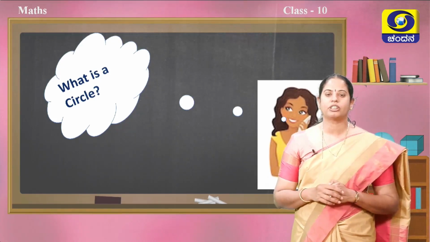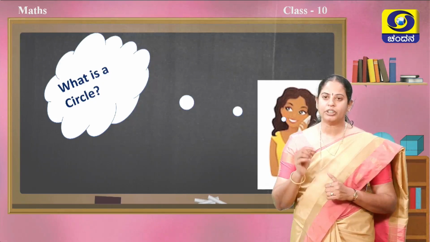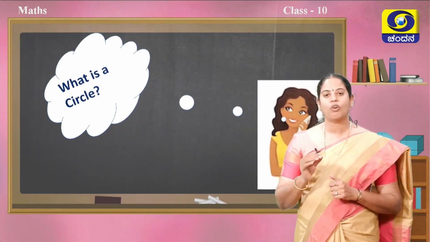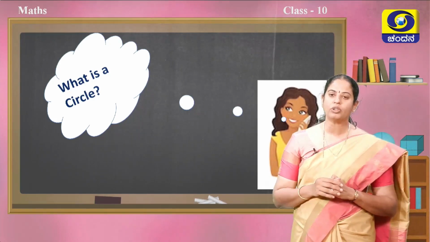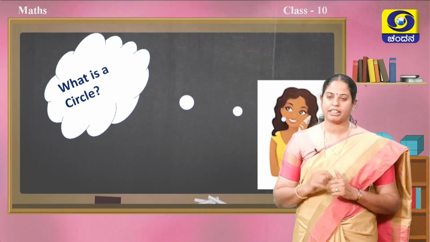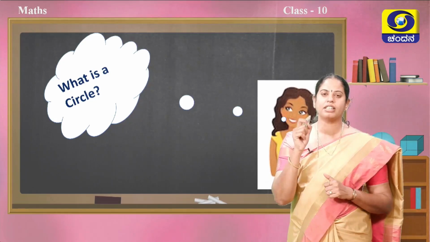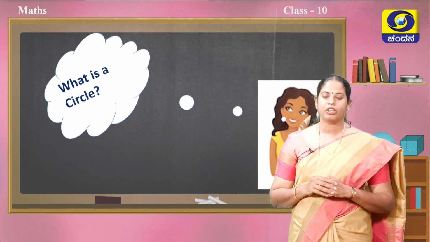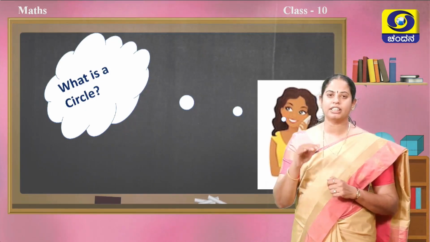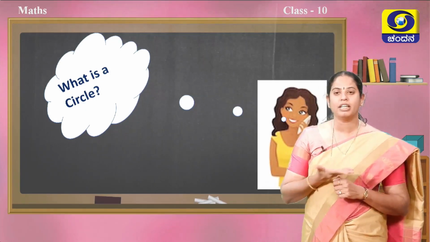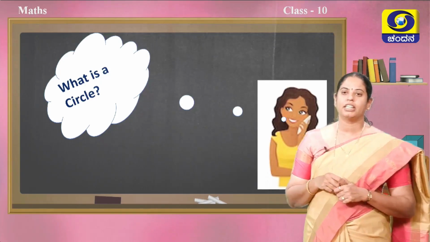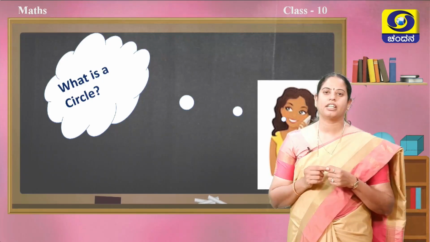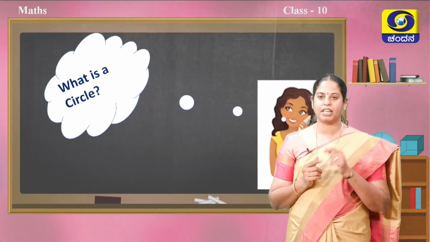So I told Zohra, we will do one activity. From this activity you are going to understand what a circle is. Take a packet of small circle-shaped stickers, put one sticker on the surface of the table or on a plain sheet, and take a needle or a stick of some length.